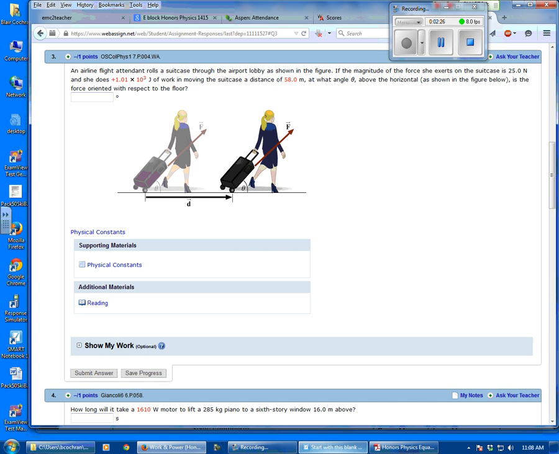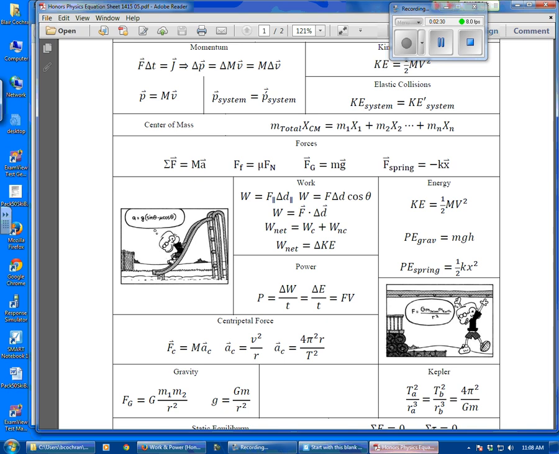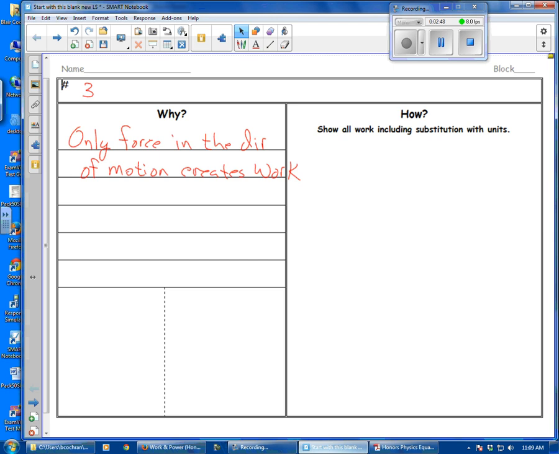If we're given that angle, we remember from our equation sheet that W equals F delta D cosine theta, and theta always has to be between the force and the direction of the distance. So for this one, we can start off with that equation: the amount of work is the force times delta D times cosine theta.